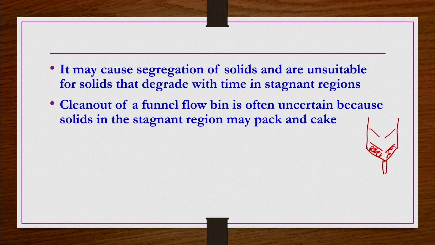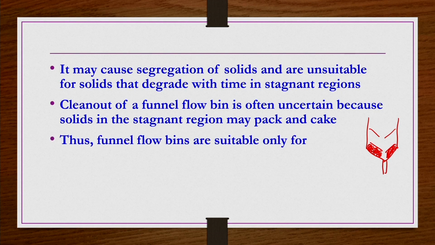Over time, this material may become packed because of compaction, and may form cakes, especially if you have a cohesive material of very small size. Then even if you draw out the entire material, that material may stay stuck there because of packing and caking, and because of that, complete cleanout of funnel flow bins is also very difficult and uncertain.